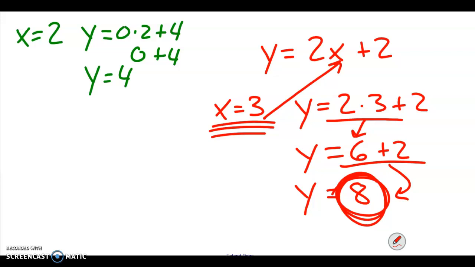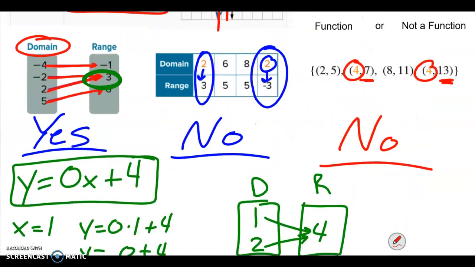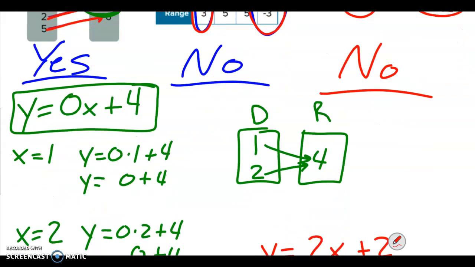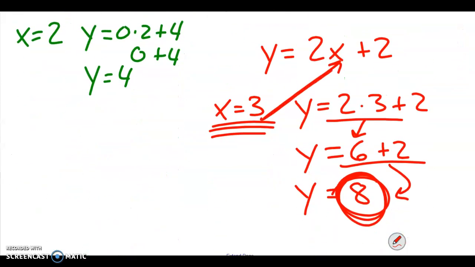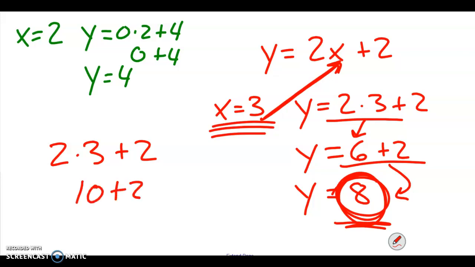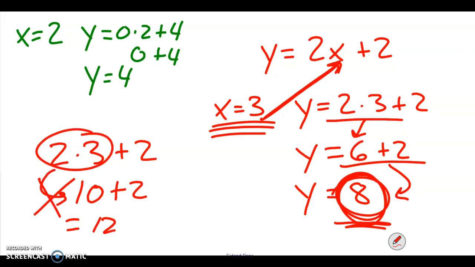That's like saying up here, when we have a 4 going to a 7 and a 4 going to a 13, or we have 2 going to 3 and 2 going to -3, that's like saying I plug 3 in for this x over and over again 5 straight times and I get 8. And then on the 6th time, if I plug in 3 for x, and all of a sudden 2 times 3 plus 2, and I find out that 2 times 3 all of a sudden is 10, and then 10 plus 2 equals 12, that's not possible, right? 2 times 3 is never going to give me 10.